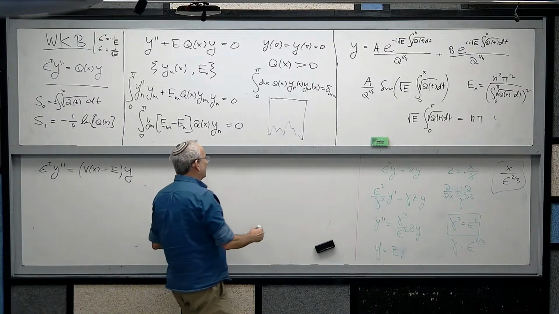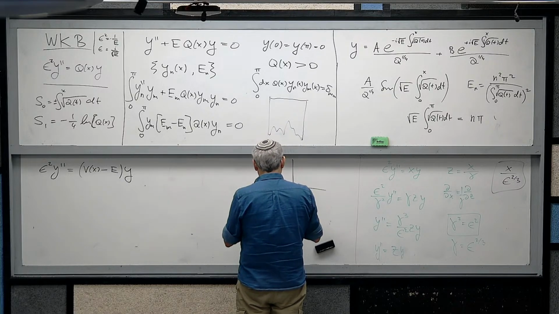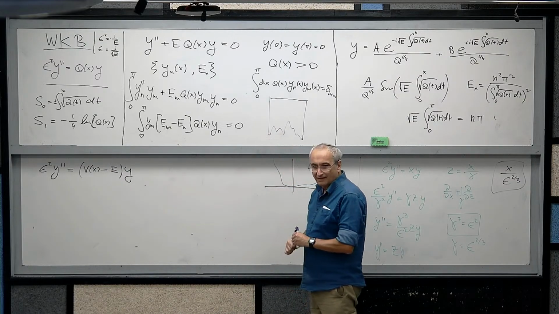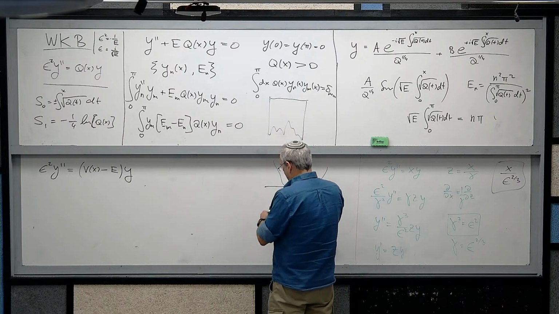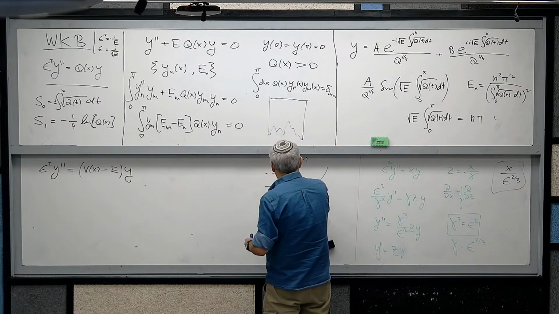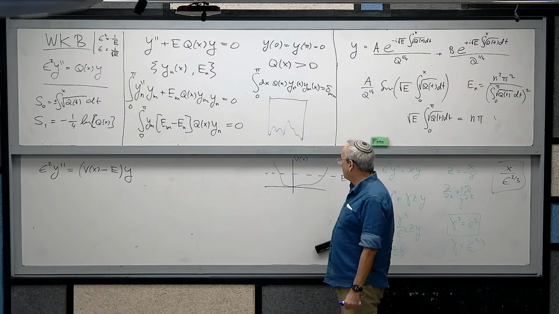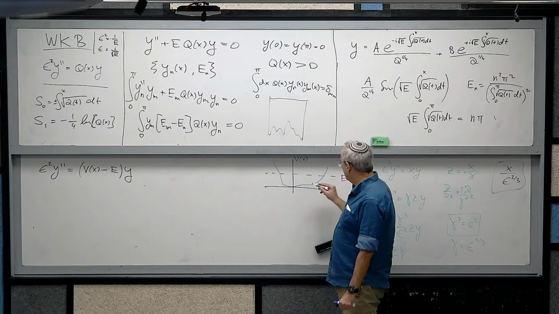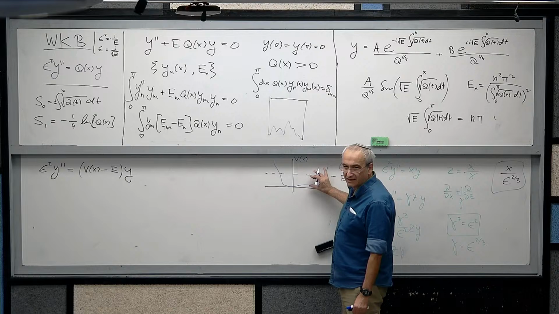Because you know what happens. If I have, for example, a particle in a potential like that, this is the potential v of x, and this is the energy. What is our particle going to do classically? Here its total energy is above its potential energy, and the rest is the kinetic energy.